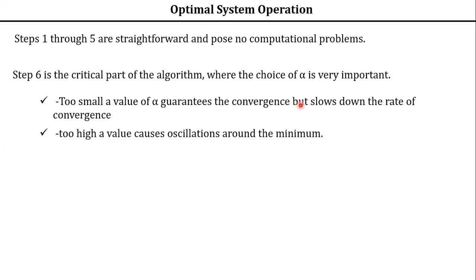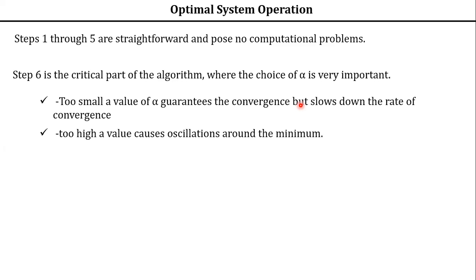On the other side, if you select a high value, that means if you are asking directions every 5 kilometers or 10 kilometers, long steps, then what happens? You may end up crossing your destination sometimes, and after asking, you have to come back. Again you are asking again.